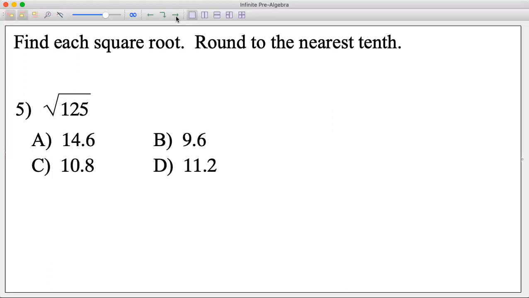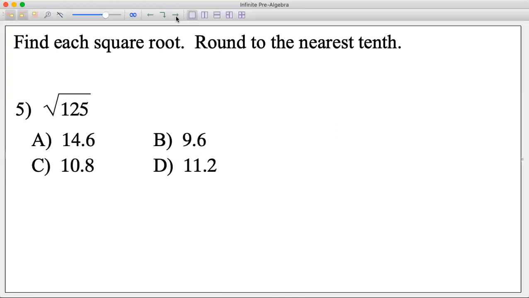Okay, cool. All right. The goal here is to squeeze the square root of 125. In other words, pick the 2 perfect squares, which I remember, that are slightly smaller and slightly bigger. The slightly smaller one would be the square root of 121.